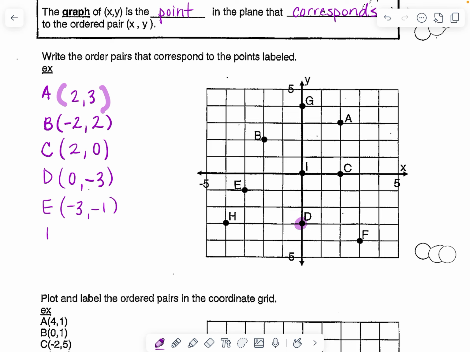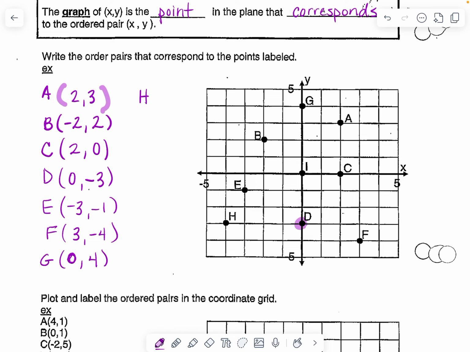Point F was happening at (3, -4). Point G is happening at (0, 4). Again, you didn't move left or right of the origin. You simply went up 4 spaces.